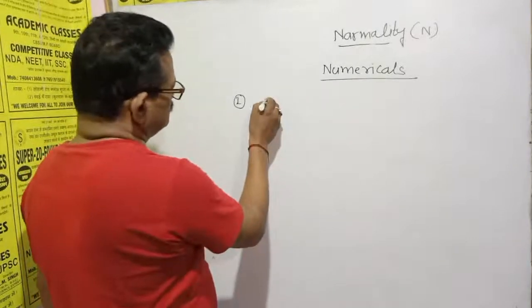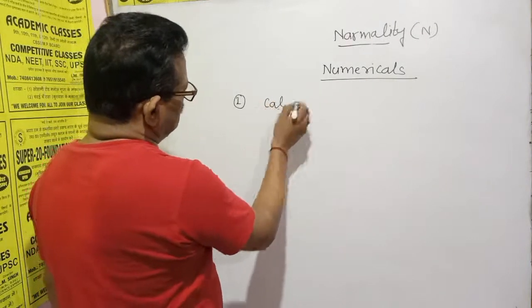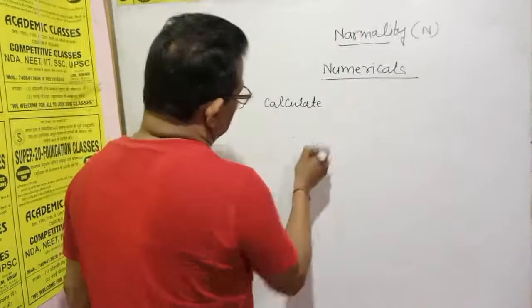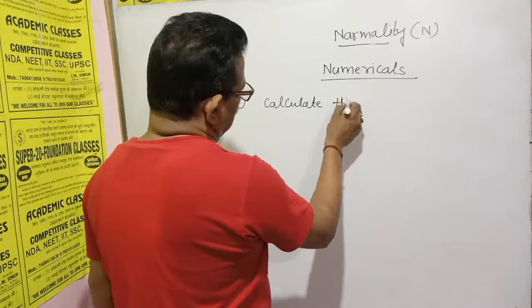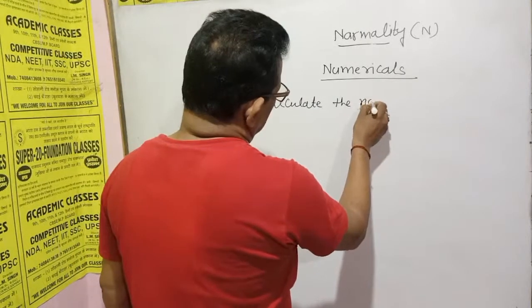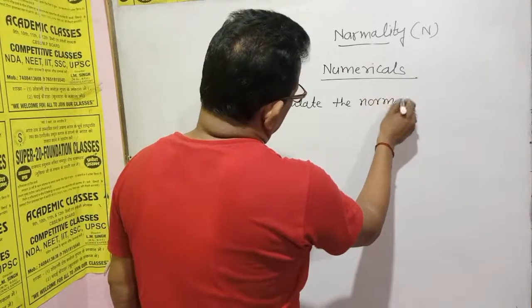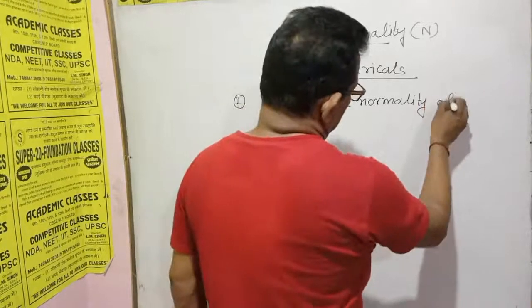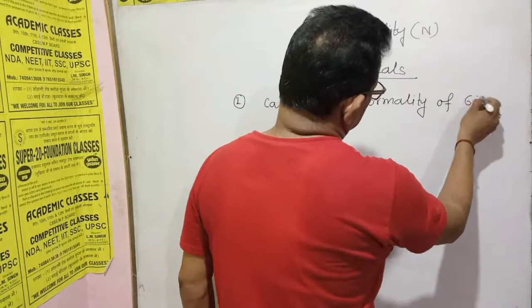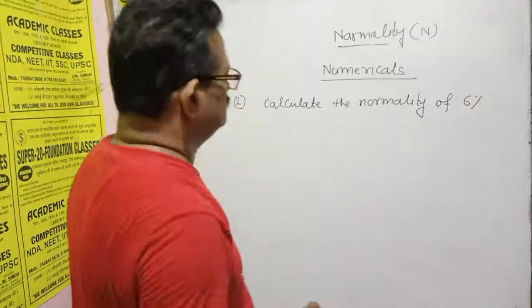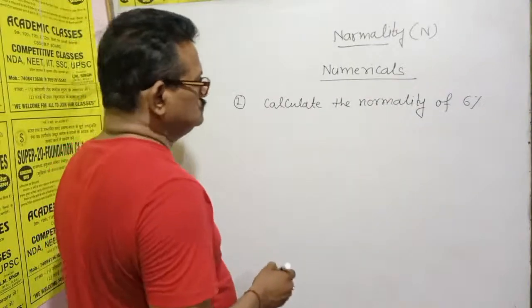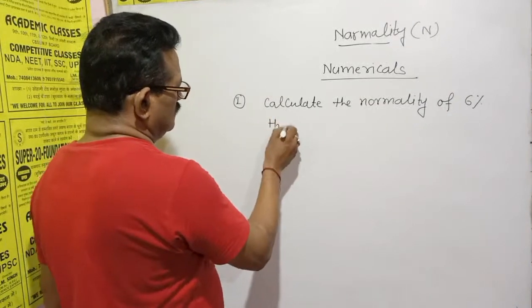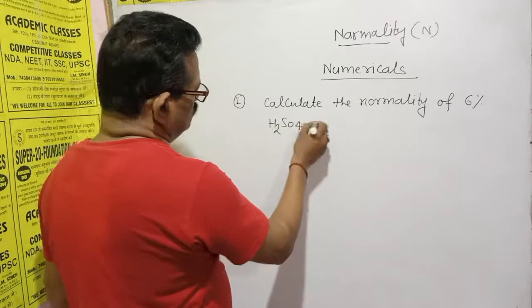Question is: calculate the normality of 6% H2SO4 solution.